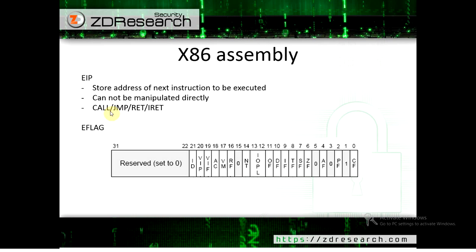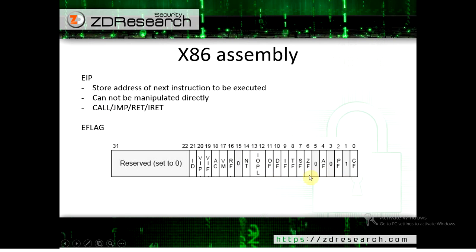And there is another register, the EFLAGS register. The EFLAGS register is used as bit storage for various flags, and it has some kind of backward compatibility with the previous 16-bit systems. There are various flags in the EFLAGS register that you can read more about in the Intel specification, but some of them are most important for us.